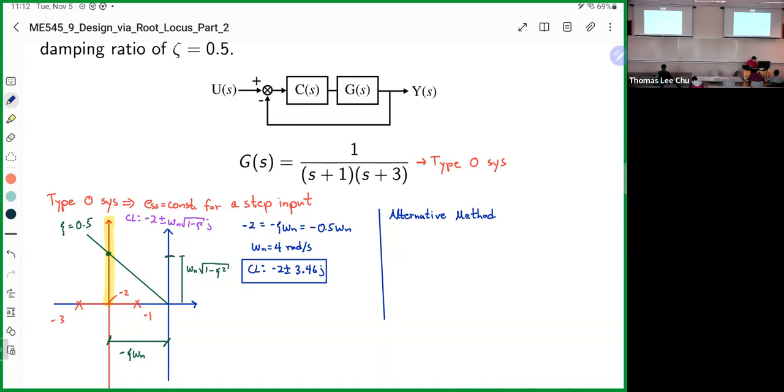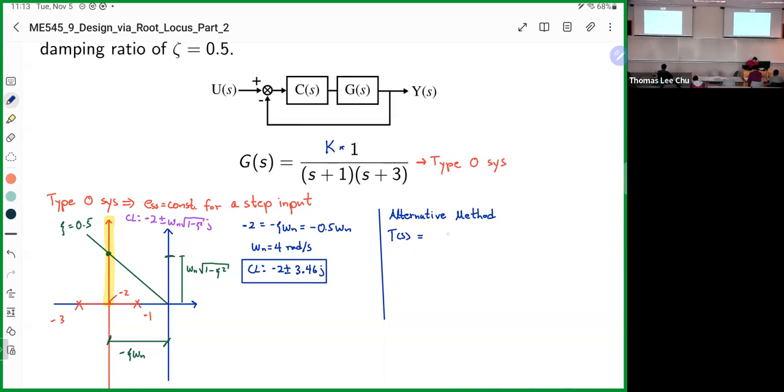Okay, so the alternative method is that we have this open loop transfer function G, and basically it's a second order system, so our closed loop transfer function is going to be a second order system as well. So T of S, and when we do the root locus, we basically multiply it by K here, and we're changing the values of K to plot out the root locus plot. 1 over 1 plus KG.